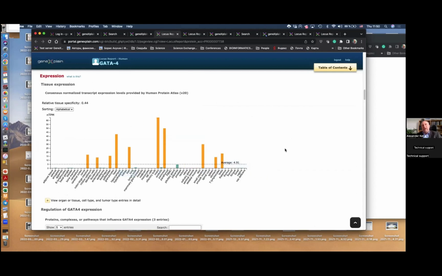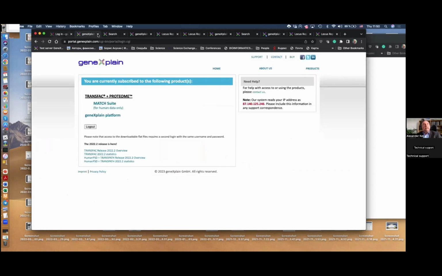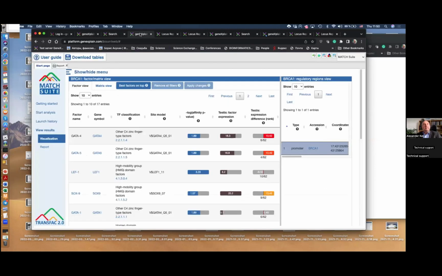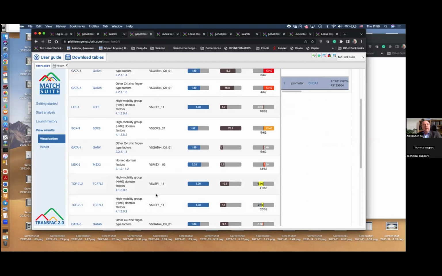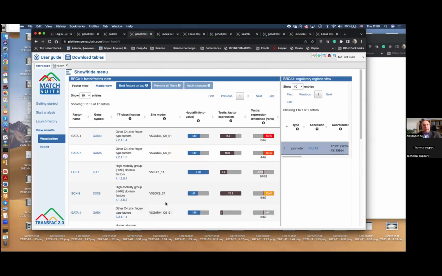So this gene is, in a general sense, very tissue specific. That's why it has a red color. And yellow correspondingly is less specific, and so forth. Okay, so that's why. And where did you have other tissues? Basically, there is a possibility in a different view to put more tissues here to have a sort of comparison of expression, but not in this interface.